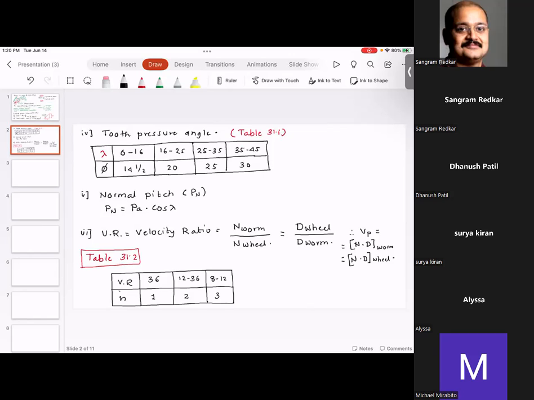Say the velocity ratio is 12. Then you can have a double start screw or triple start screw. If you have a velocity ratio 36, then you can have a single start screw, or you can have a multi-start screw.